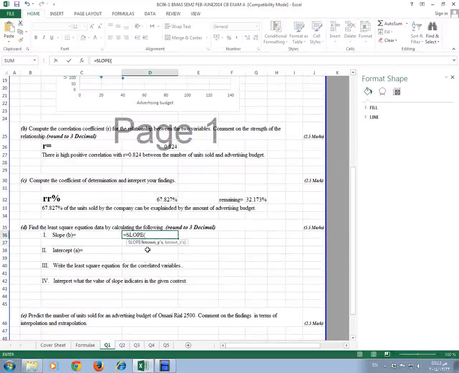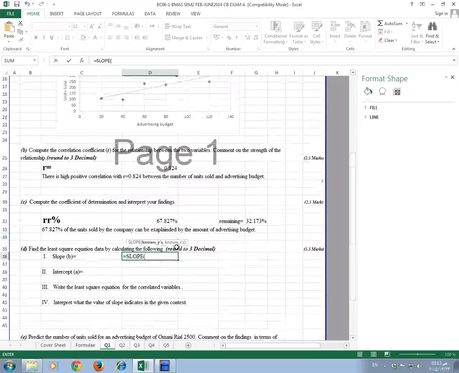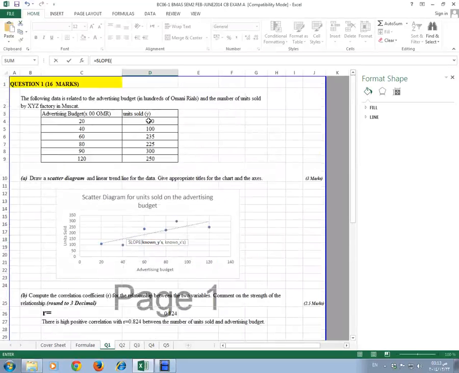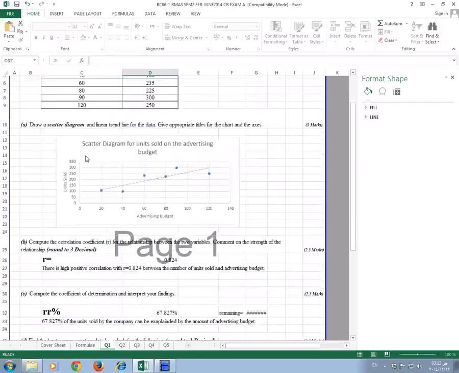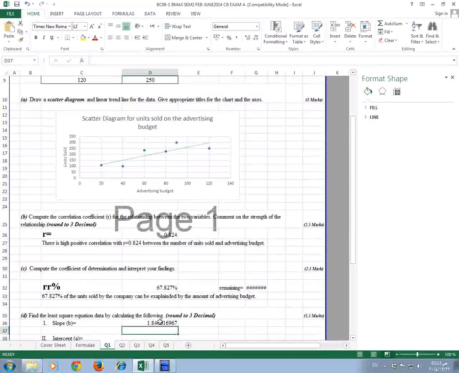It requires the y variable, the dependent variable, first, comma, then x, and press enter, to 3 decimals.